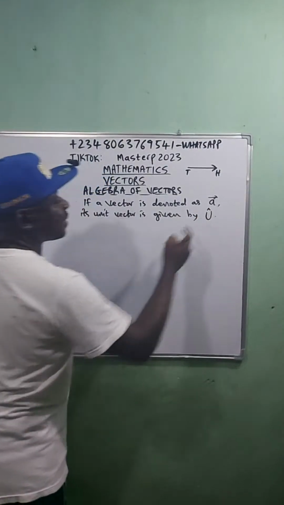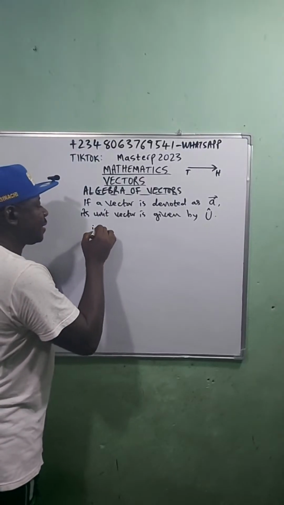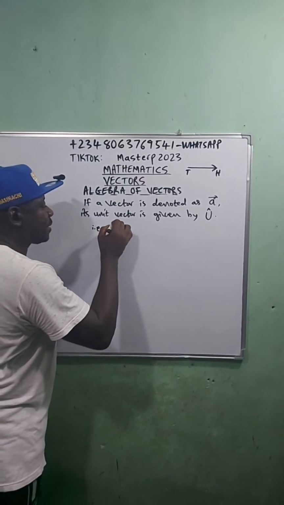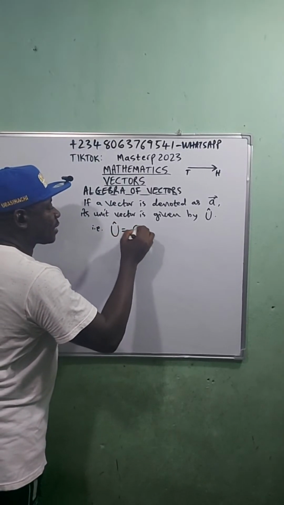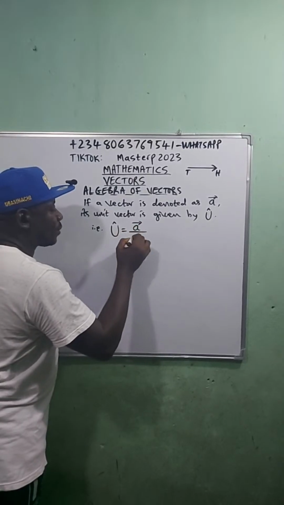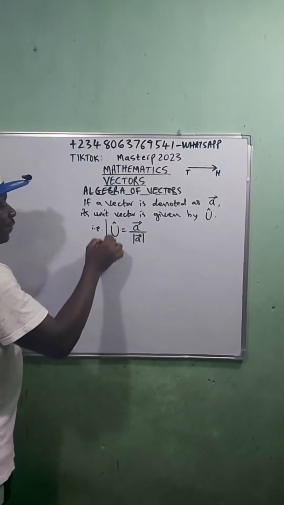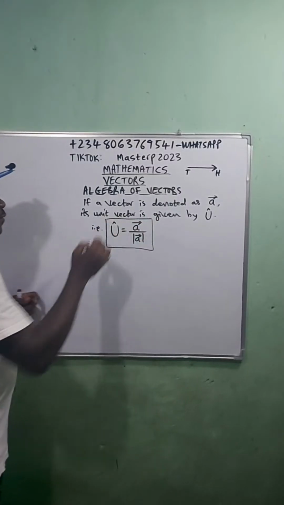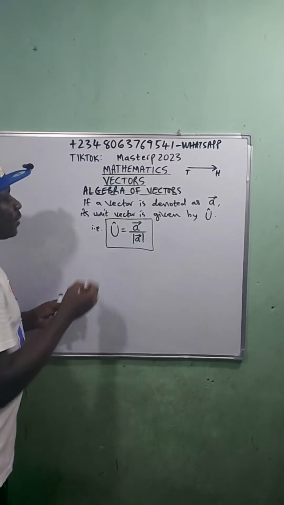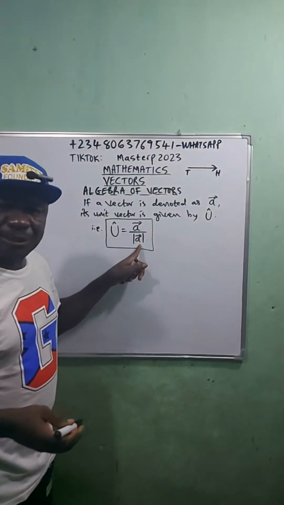This u cap means a unit vector. That is, the unit vector u cap simply means the vector that was given all over the modulus of that vector. So this is the formula for the unit vector. For you to get the unit vector, you take the vector divided by its modulus.